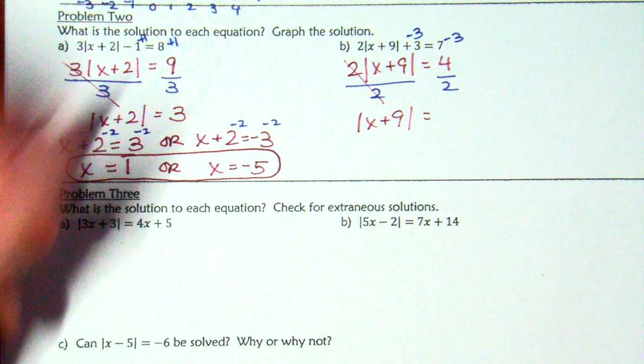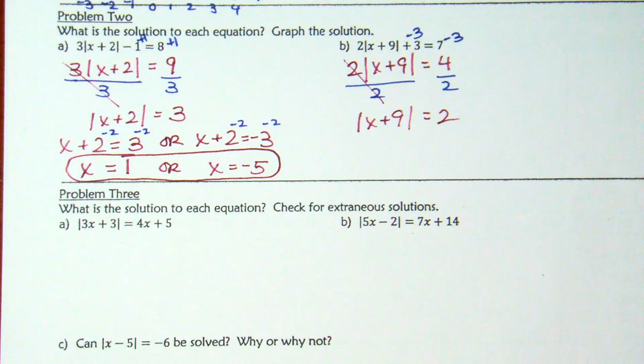No. Is absolute value isolated? Yes. So now I set up 2. The first one is the given, x plus 9 equals 2. What's the second one? x plus 9 equals negative 2. And if these are x plus 9s, what did you do to solve? Subtract the 9.